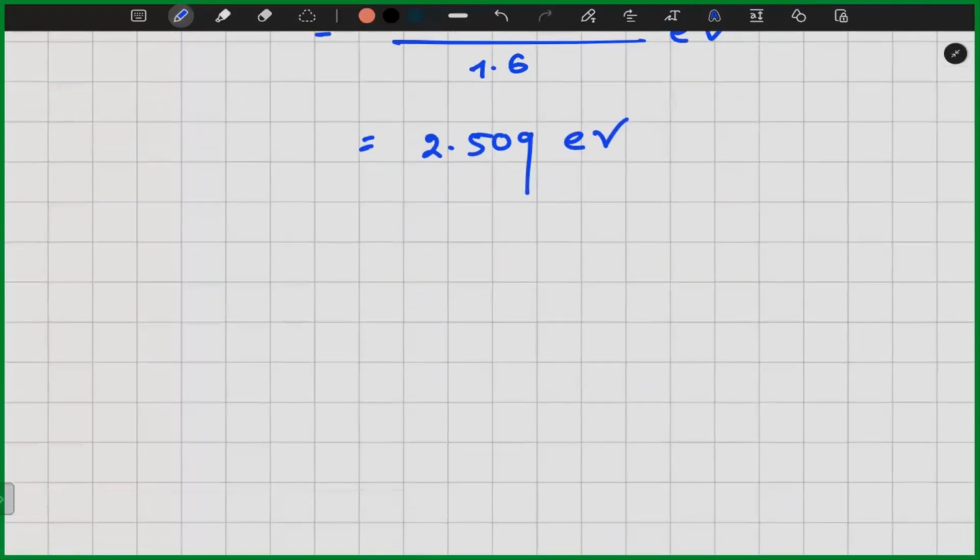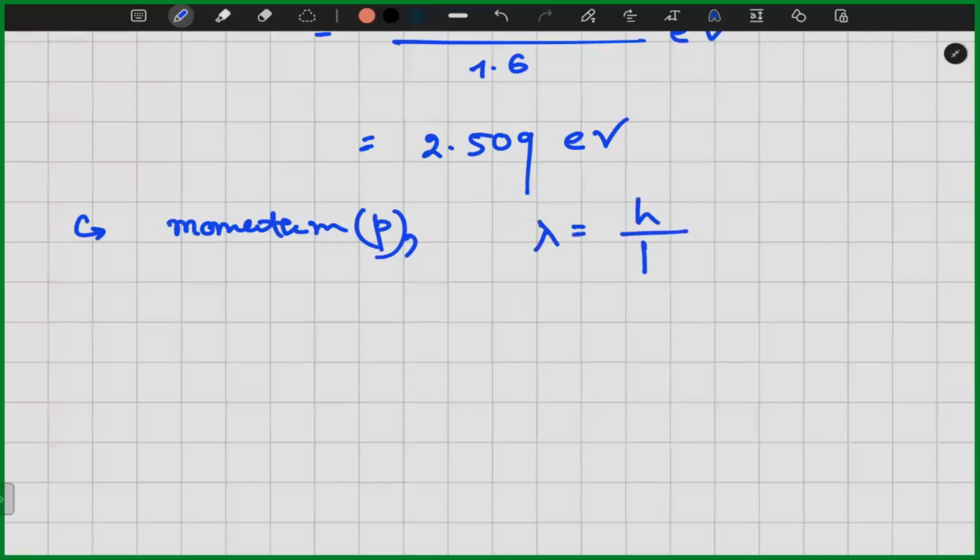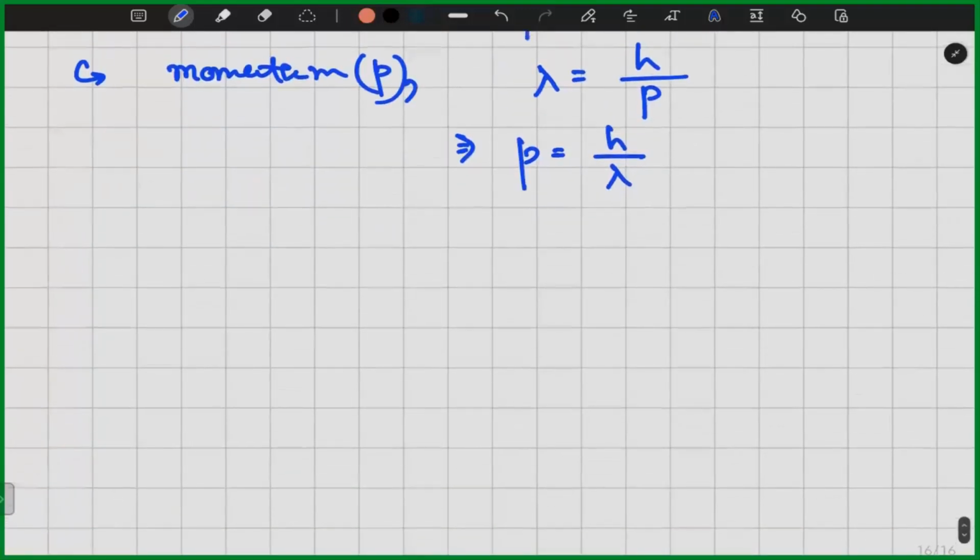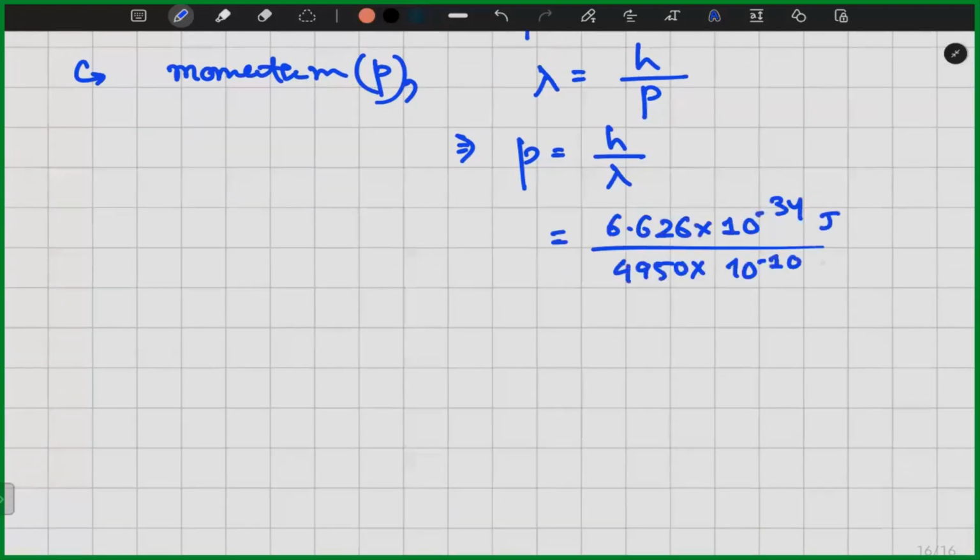Now we have to evaluate the momentum. Momentum is, let's say, P. Then what we can write? From here also we can write lambda equals h by P. So P equals h by lambda. Now h is in joule second and lambda is in meter.